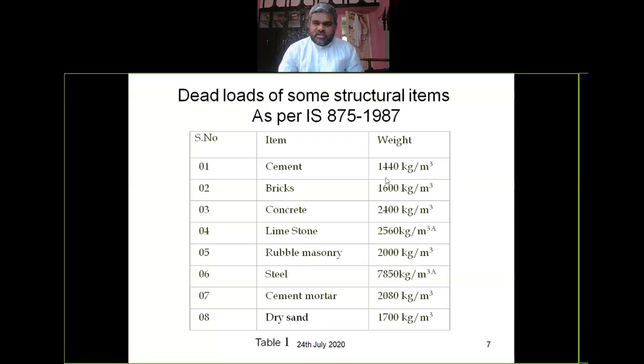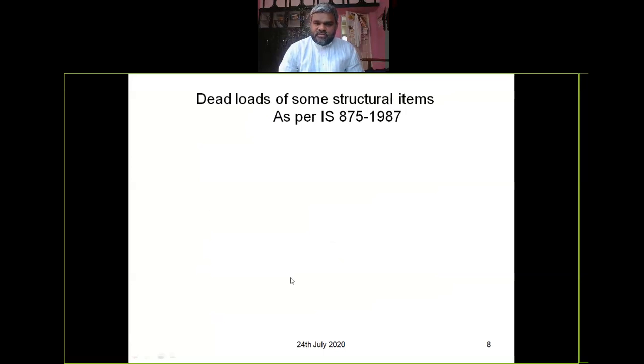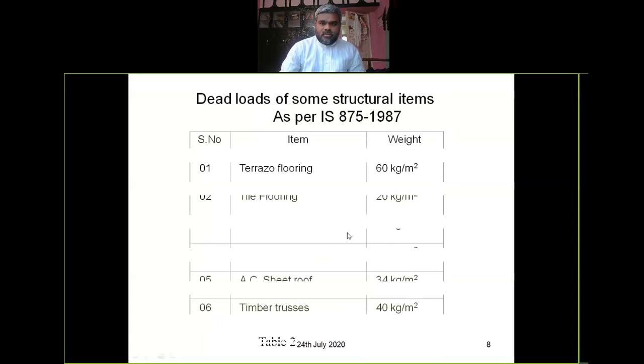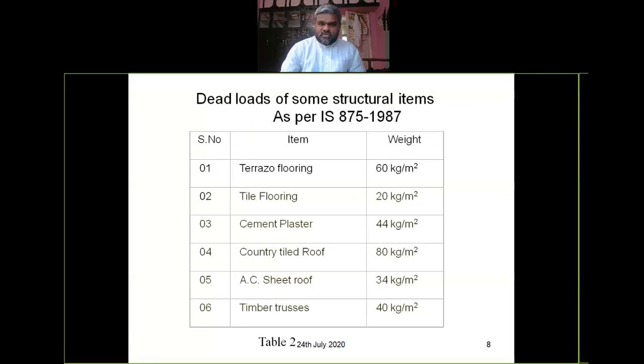Dry sand is also given. Apart from these, the highest value is steel, right? Steel has the highest dead load value. Flooring is also given. See, these are expressed in surface area, kg per meter square.